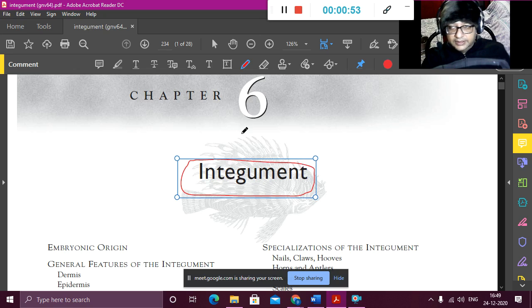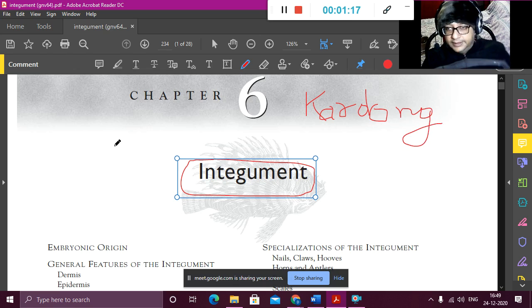This is a PDF scan from the book Kardong. This is the standard book which you have to study, and you can get this book online. I will send all these things.